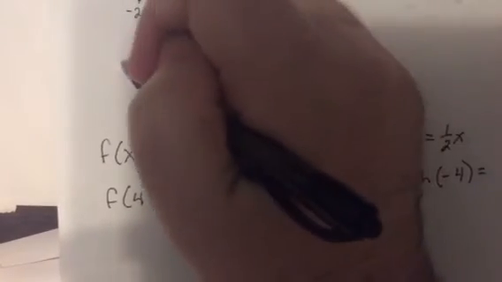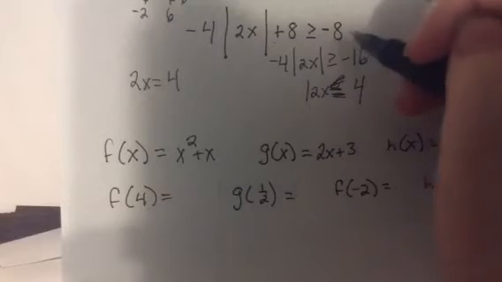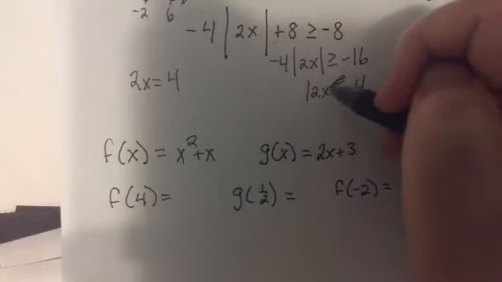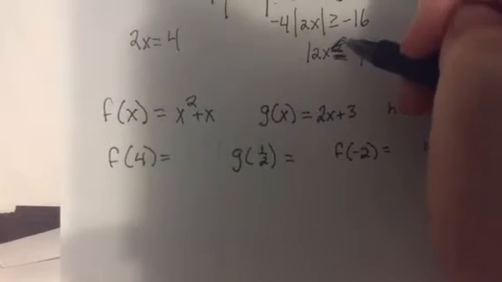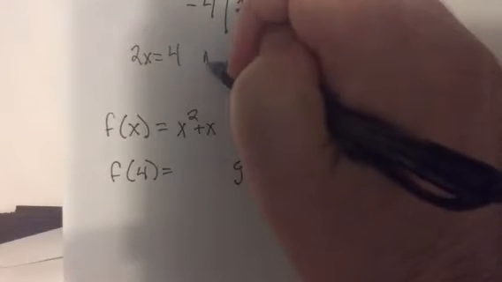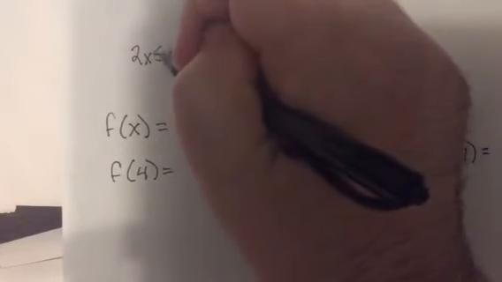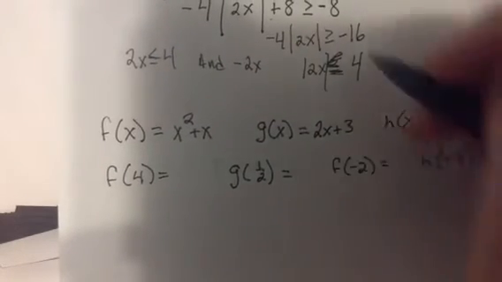Then I'm going to break it over here. So we got 2x equals 4. We thought it was an or, but once you divide, it's really an and. -2x is less than or equal to 4.